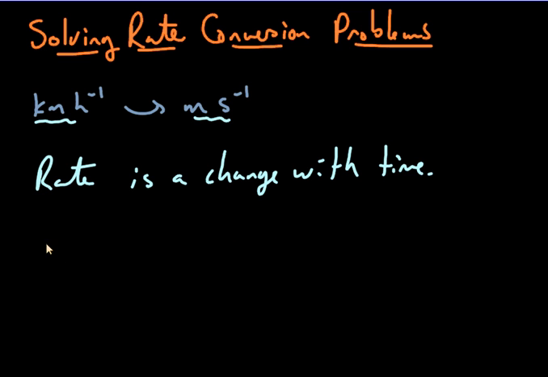So let's imagine that you have a speed of 100 kilometers per hour, and you want to know, if I go 100 kilometers every hour, how many meters am I covering every second? You cannot just do a direct conversion because you have to convert both the distance part and the time part.